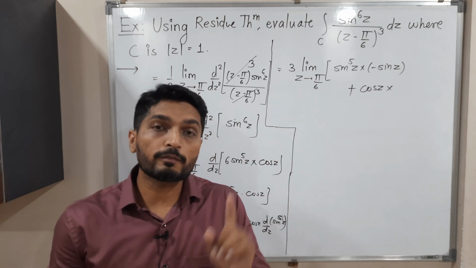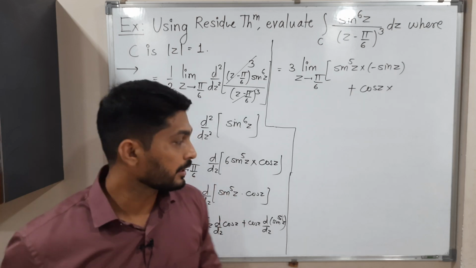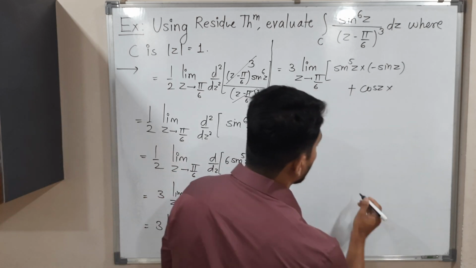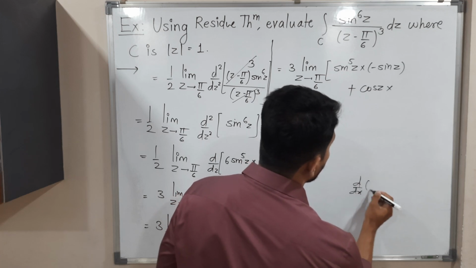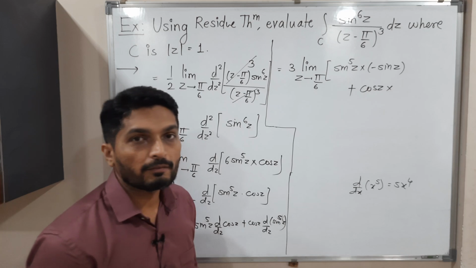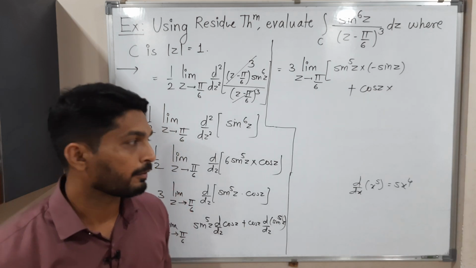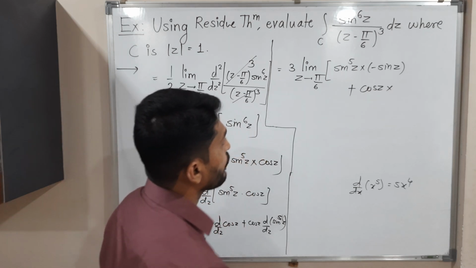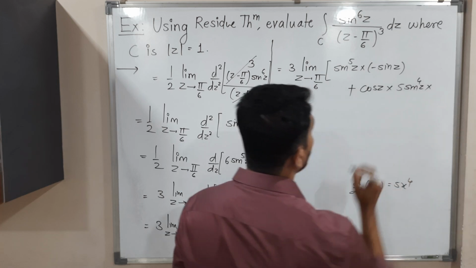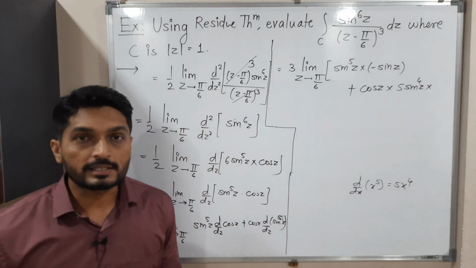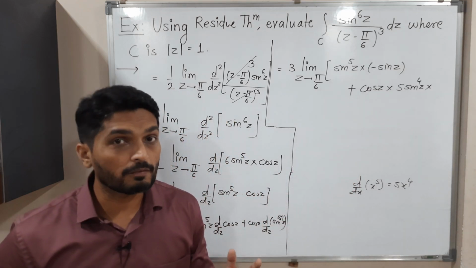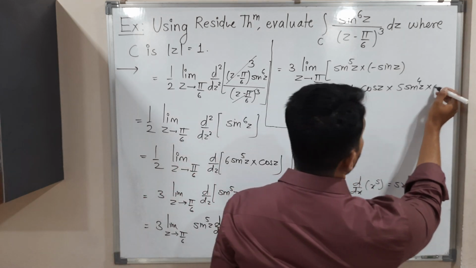So we have to take the derivative of that power first. The derivative of x raised to 5 is 5x raised to 4. Whatever the power we have, we write it first and we reduce the power by 1. Using the same formula I get 5 sine raised to 4z into, again, the derivative of sine. Since we haven't yet taken the derivative of sine, we have simply taken the derivative of the power. So the derivative of sine is cos z.